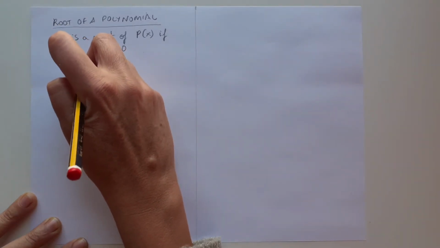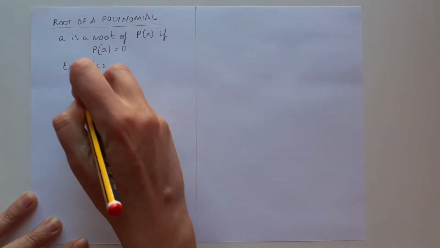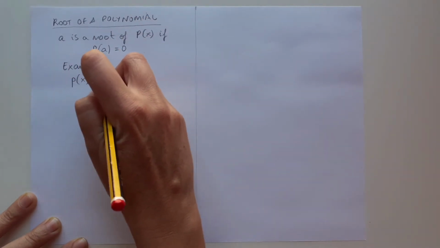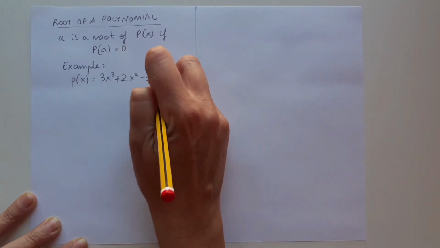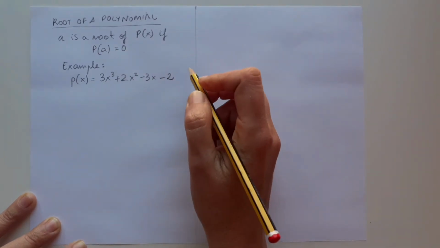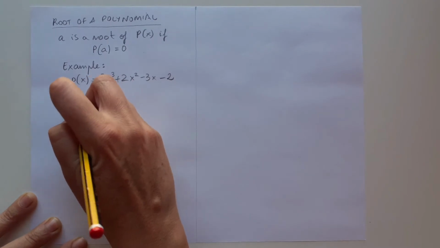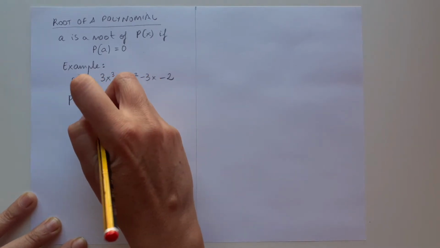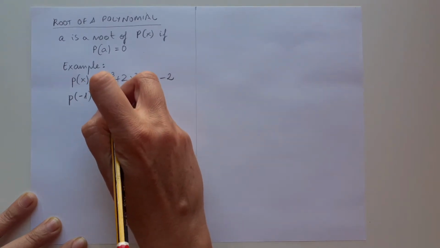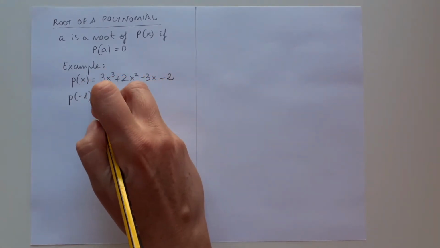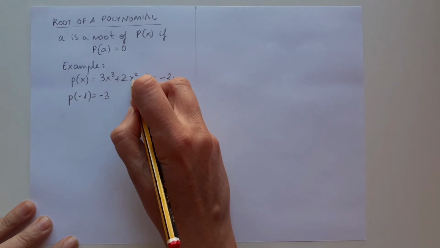Let's see an example. Suppose we have the polynomial 3x cubed plus this, minus this, minus this. If I plug in this value, we obtain 3 times negative 1 cubed, equals negative 3.